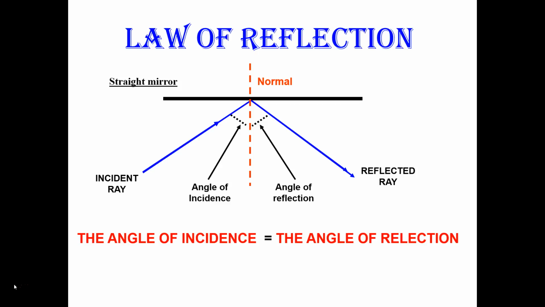The angle of incidence is measured between the incident ray and the normal. So we always measure from the normal. All right, so that's what I need you to write down. I want you to copy down this diagram, but I also want you to write down definitions for the incident ray, the normal, the reflected ray, the angle of incidence, and the angle of reflection. And that's all you'll need to write for tonight.